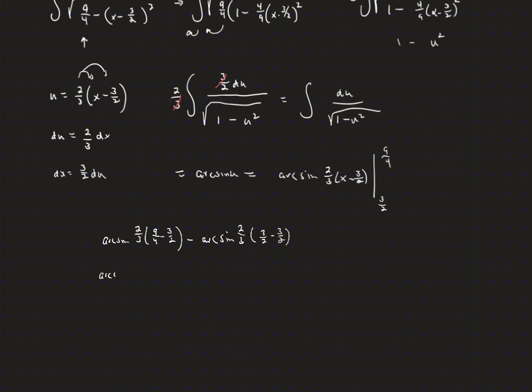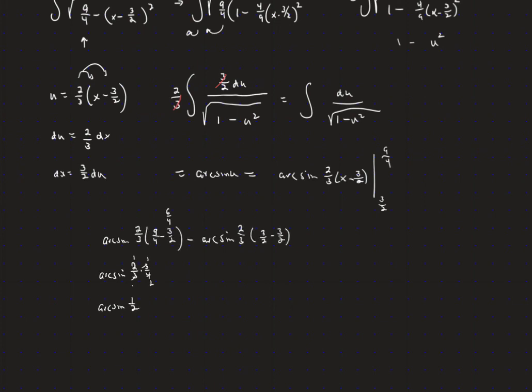So arc sine of 2/3, see, 3/2, if we multiply top and bottom by 2, that's going to be 6/4. So 9/4 minus 6/4 is 3/4. So that's going to be an arc sine of, we can cancel there, it's going to be 1/2.